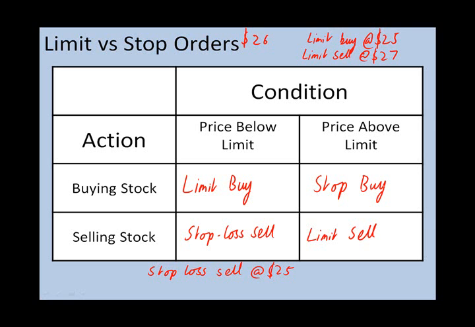And so the way we can limit our losses or stop our losses is to place a stop buy order. So suppose we've short sold a stock at $26. We could place a stop buy order at $27. And that would mean that if the price went up, which we didn't want to happen, and it hits $27, then we will automatically buy the stock so that we can return that stock to the broker and our losses are minimized.